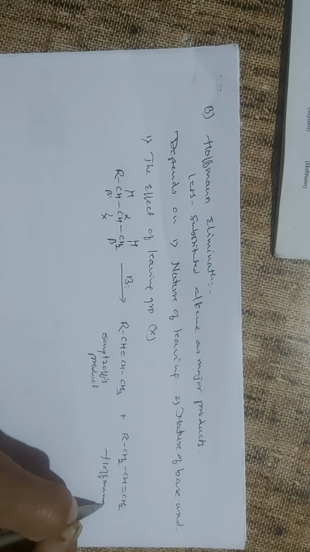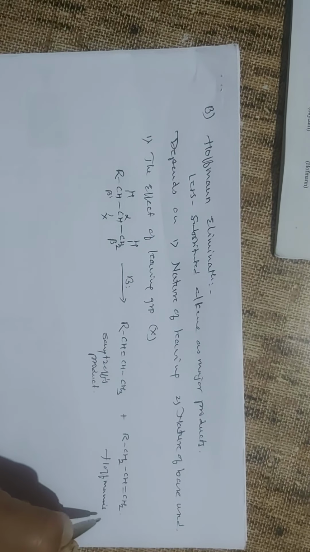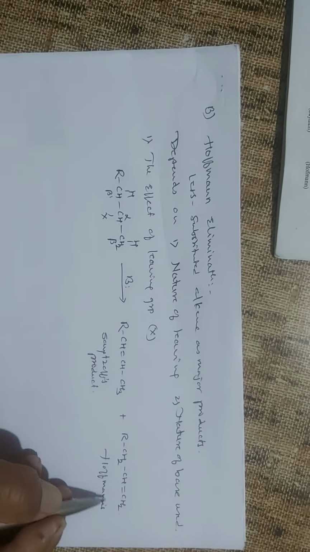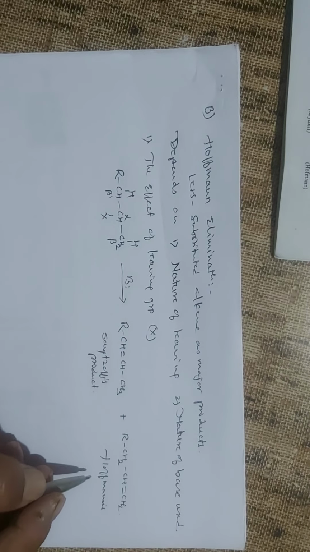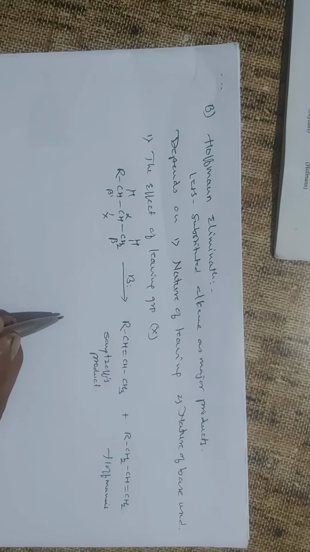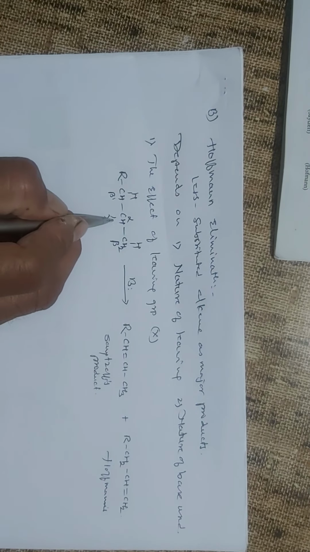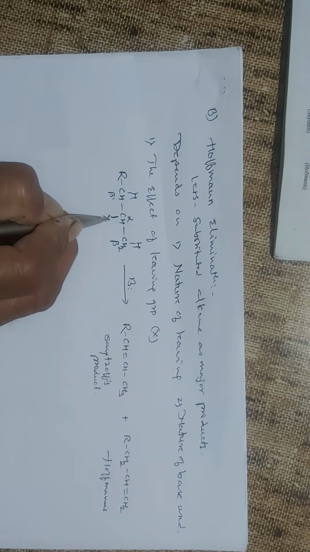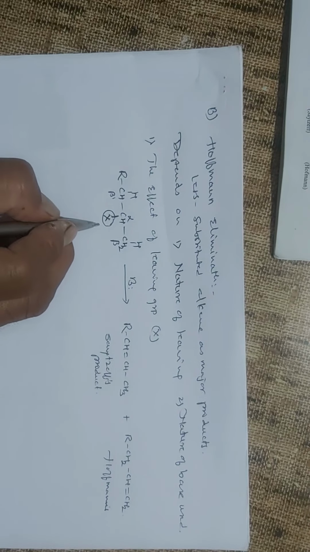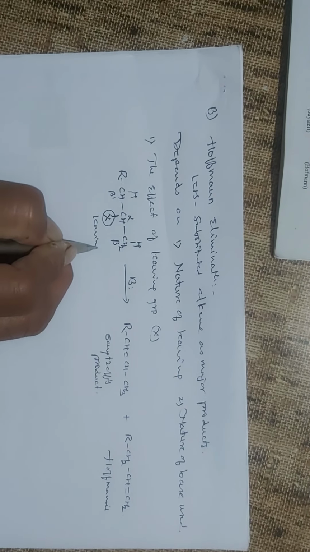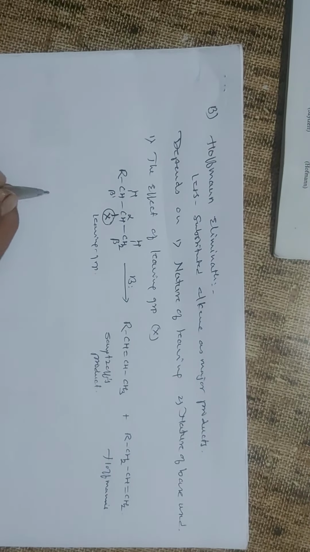Hofmann's product means it's the less substituted alkene. So according to Hofmann's rule, you are going to get the less substituted alkene as a major product, and according to Saytzeff's rule, you are going to get the highly substituted or more substituted alkene as a major product. But depending upon the nature of this X, that is the leaving group, the leaving group plays an important role.